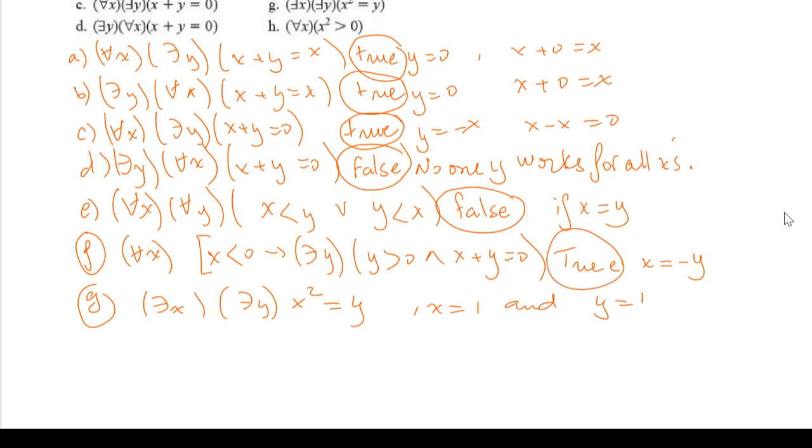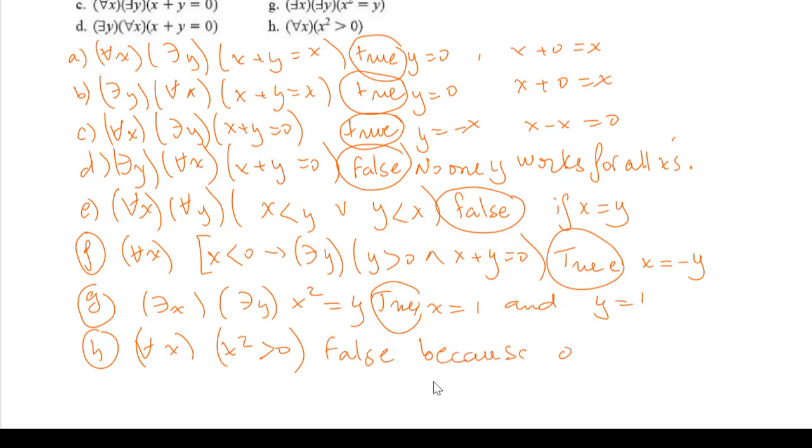And that's also so if I make x equal to 1 and y equal to 1. And the last one in this video, the next one we have, for any x, x squared is always greater than 0. And I would say this is false. How about if x equals 0? I would say it's false because 0 squared is not greater than 0, right? So the answer is false.